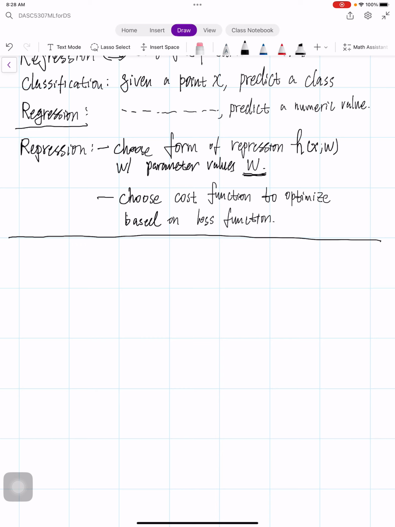So what are the options for the regression function? First choice is you can pick a linear one.